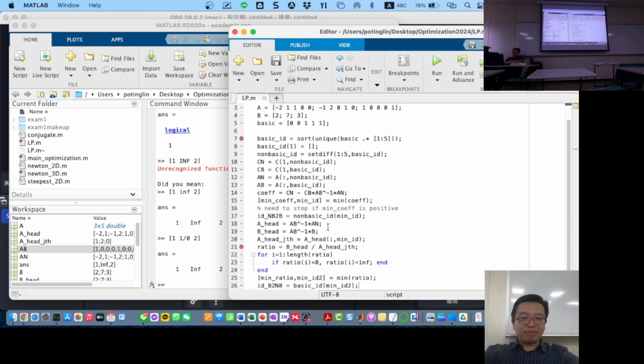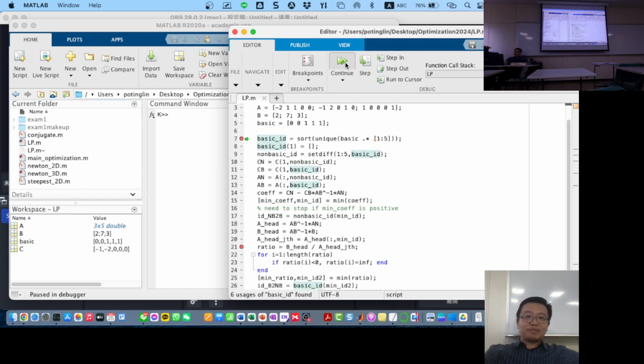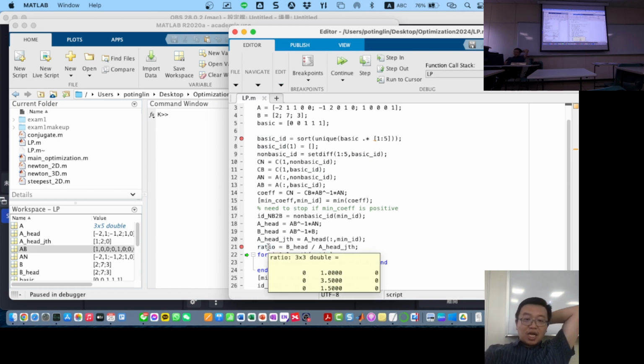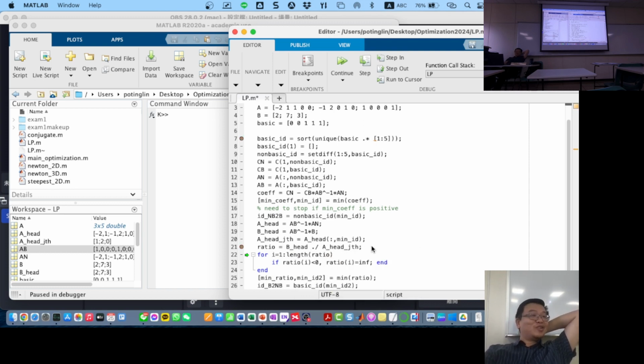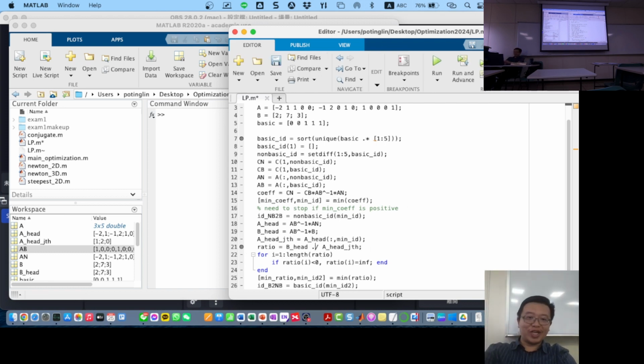Okay, let's take a look if it works. So let's do the debug mode up to here. So when I do the ratio test, the ratio is, no. Oh, I should use dot, the point division. Otherwise, it's a vector divided by a vector. So do it again.